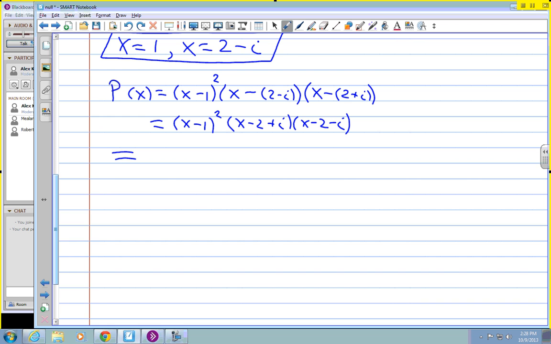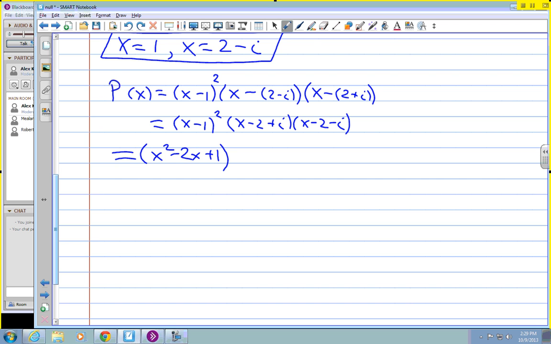You can always do the FOIL. That will work. A little long. Now we all know how to multiply the first parenthesis, right? How to get rid of the square? How to square x minus 1? What is that going to equal to? x squared minus 2x plus 1.